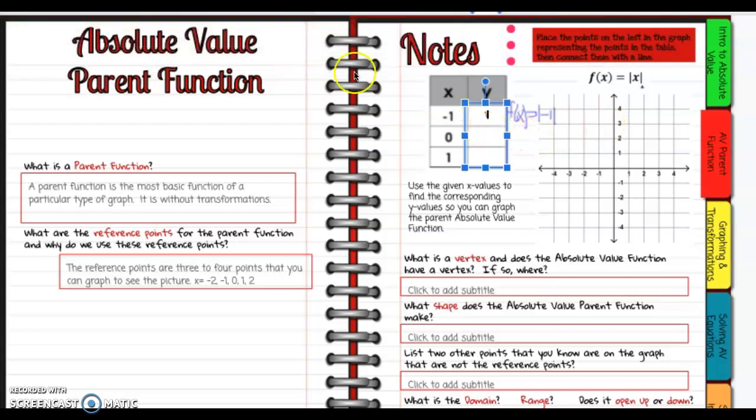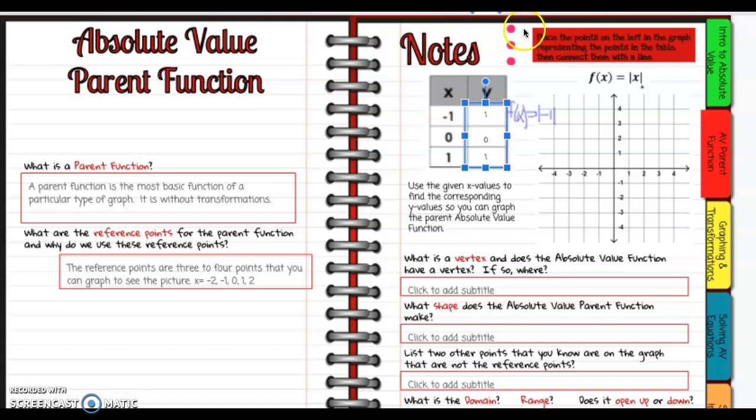All right, so in that first, when we plug in a -1, we get a 1 for y. Now, if I take the absolute value of 0, well, the absolute value of 0 is just 0, so I would get a 0 for my y. Then if I take the absolute value of 1, the absolute value of 1 is 1. And so these are my 3 reference points for the absolute value parent function.